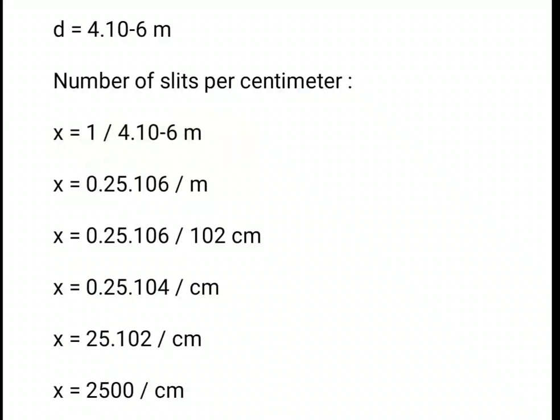So 1 by d, where d is 4 into 10 power minus 6 meters, is equal to 0.25 into 10 power 6 per meter, and this is equal to 25 into 10 power 2 per centimeter, so that is equal to 2500 per centimeter. That means it consists of 2500 slits per centimeter.